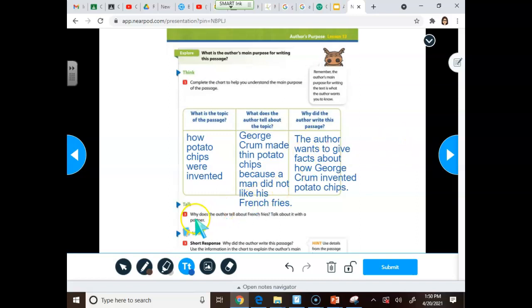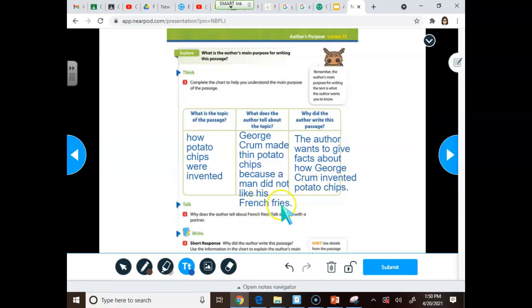Now it says, why does the author tell about French fries? Why would the author tell about French fries, guys? George Crumb was making French fries when he created or invented the potato chips.